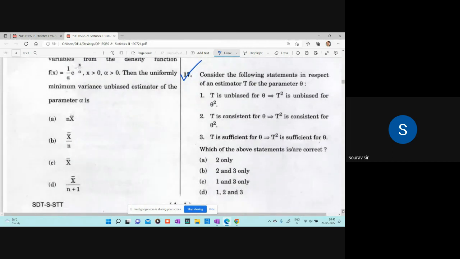Okay, start with question number 17. They are saying, consider the following statements in respect of an estimator t for the parameter theta.